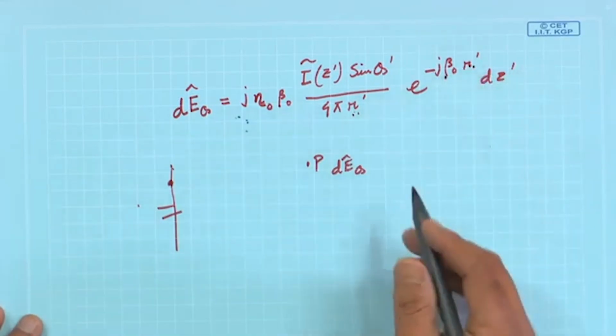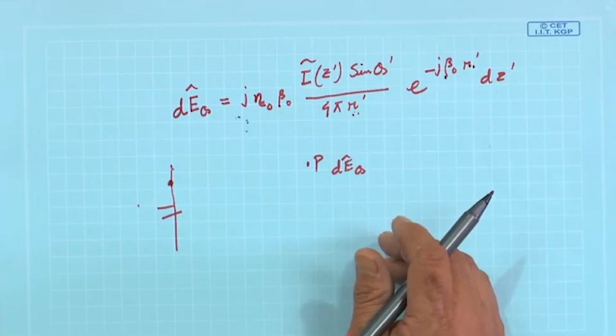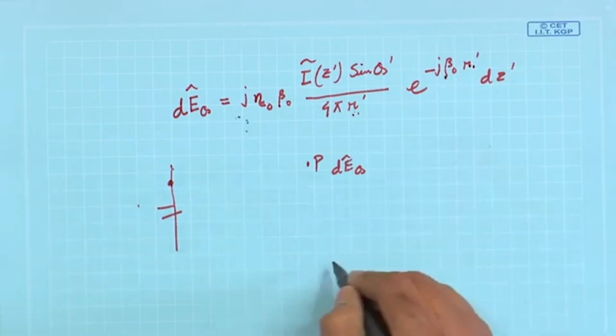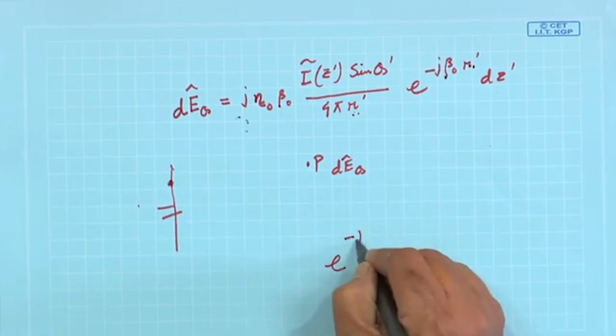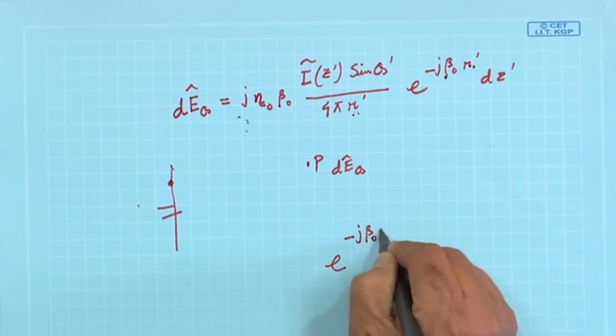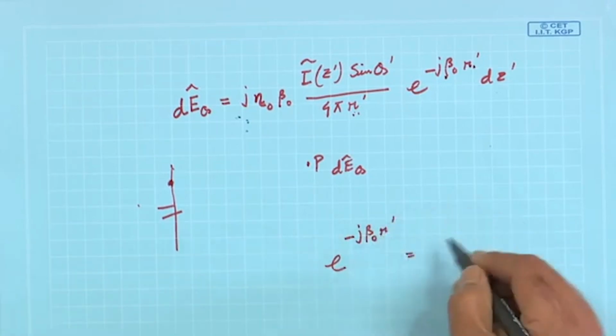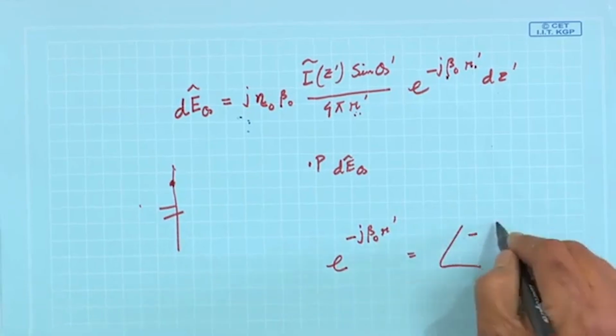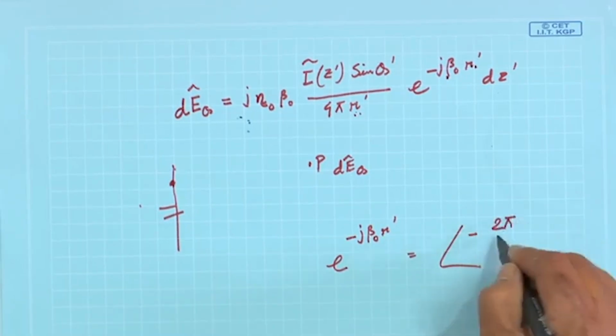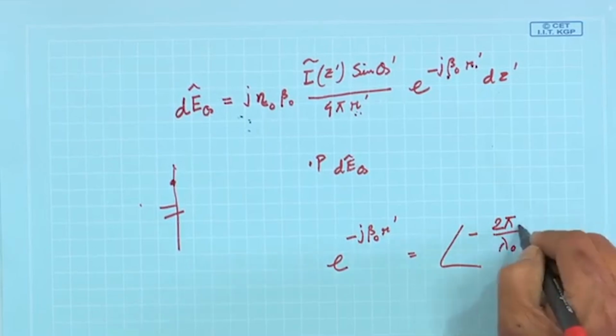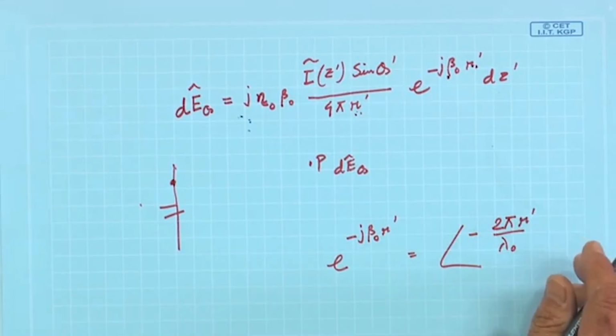We can take an example. Let us write this phase term, e to the power minus j beta naught r dash. This angle is beta naught, meaning 2 pi by lambda naught, into r dash.